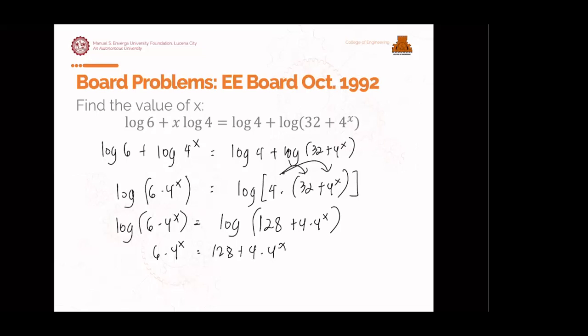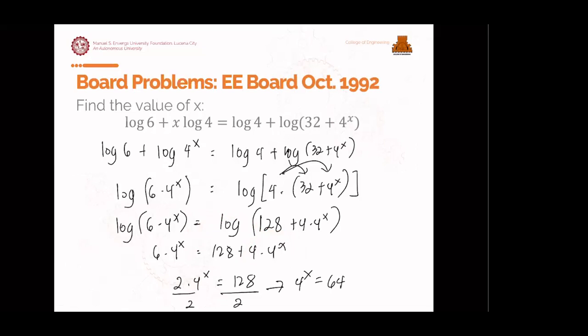Okay? And this term, we can transpose to the left-hand side, no? So it becomes 6 minus 4, or 2 times 4^x is equal to 128. Then divide both sides by 2. We have 4 raised to x equals 128 over 2, which is 64.